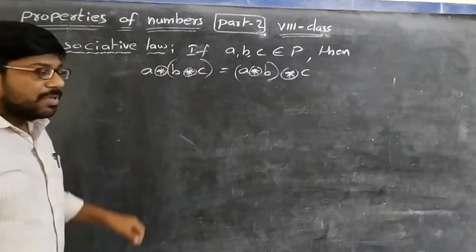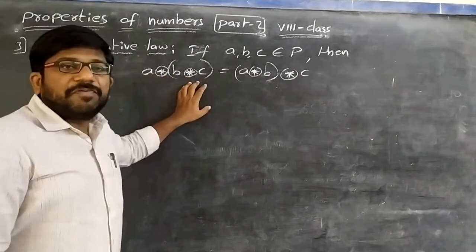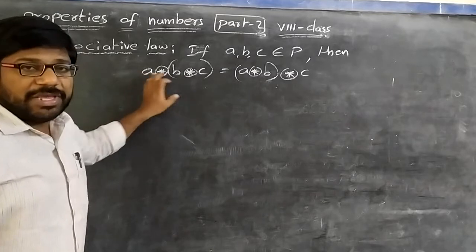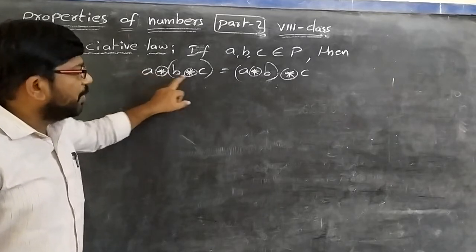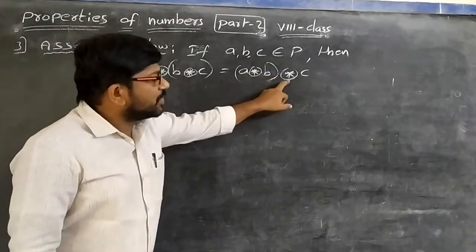In this simplification, first you have to simplify the bracket, BC, and after that A with the result.